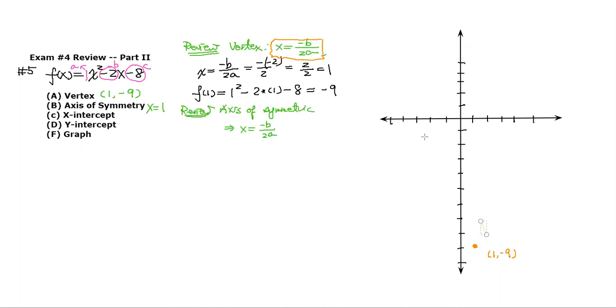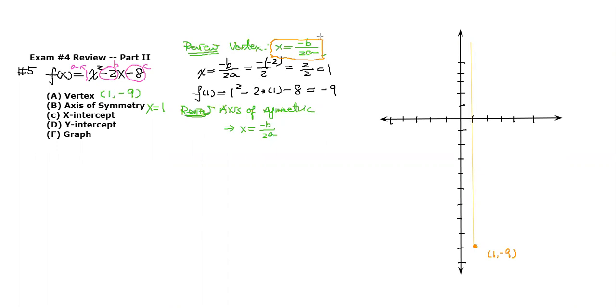Let me see if I can draw it better. Okay, not bad. So this is the axis of symmetry, which means your graph is going to be symmetric about this line.